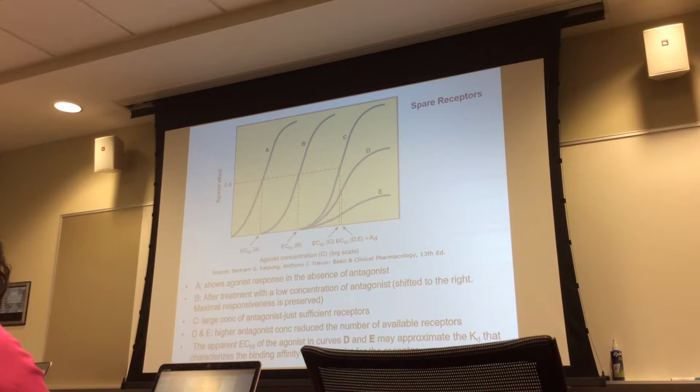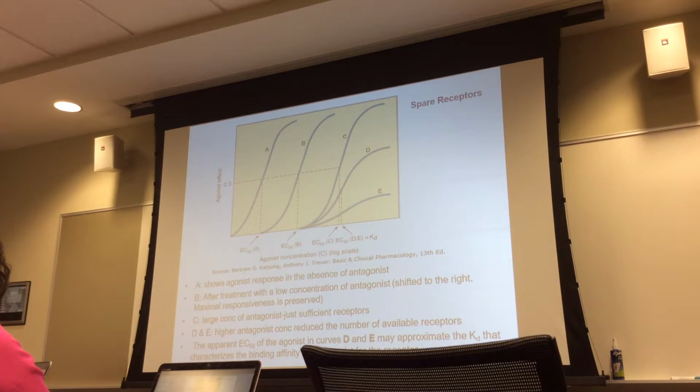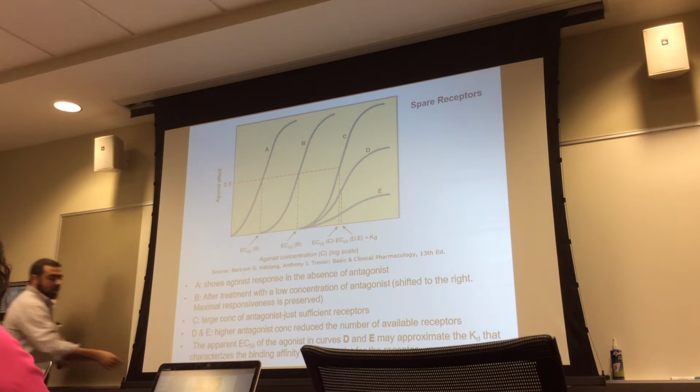And I need only 3 receptors to do the action. So these 3 receptors are bound by 3 drugs, which is A, and it does the action. Okay? Then I added B.